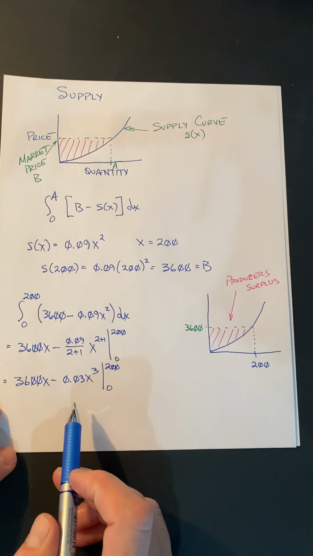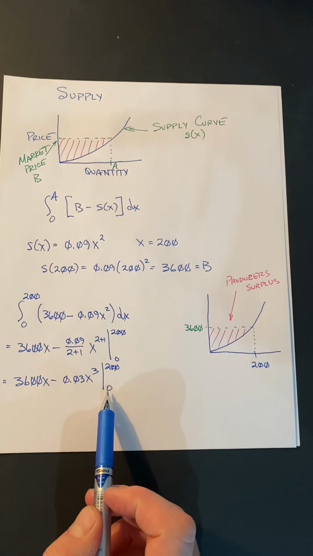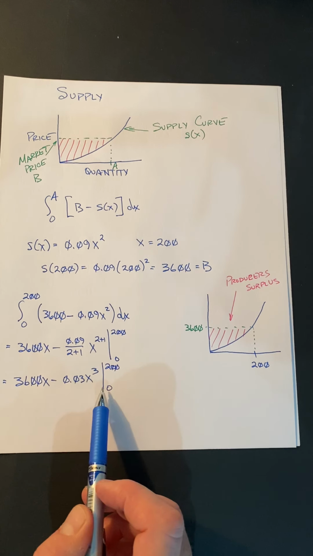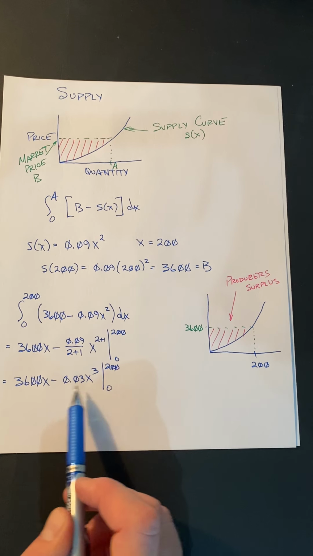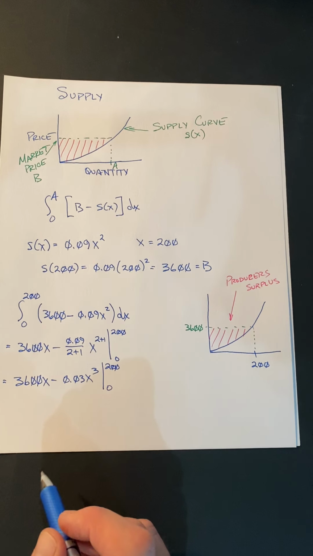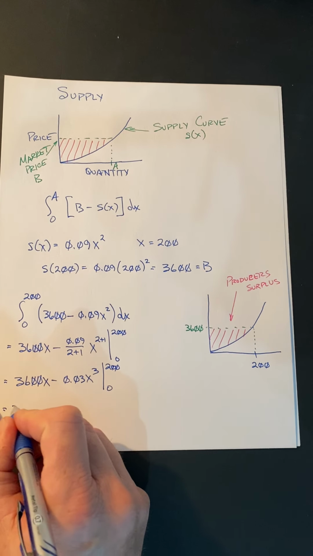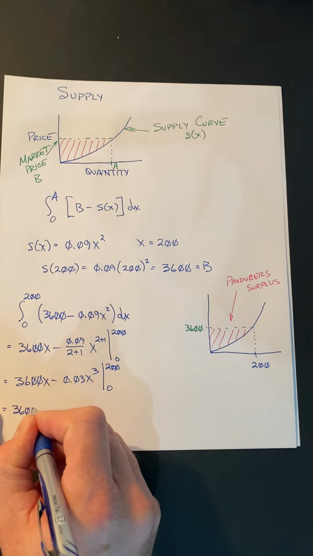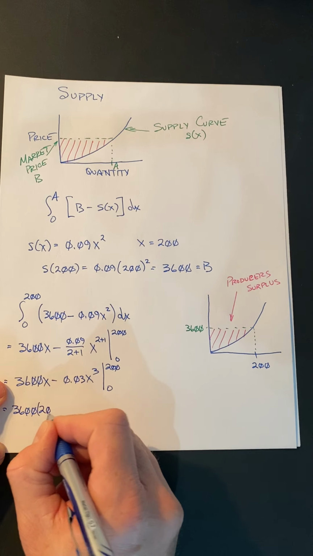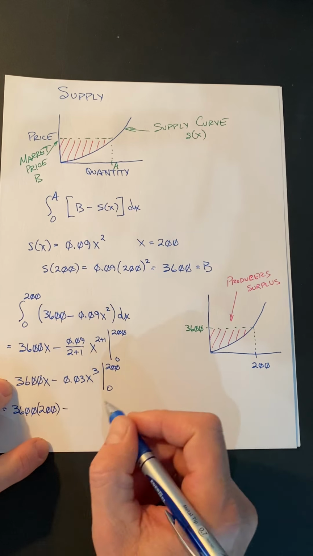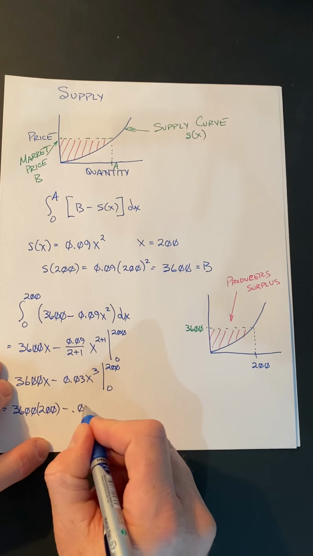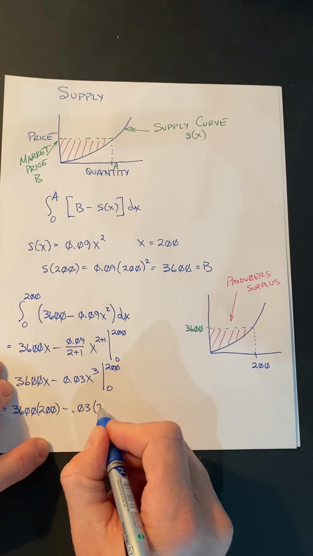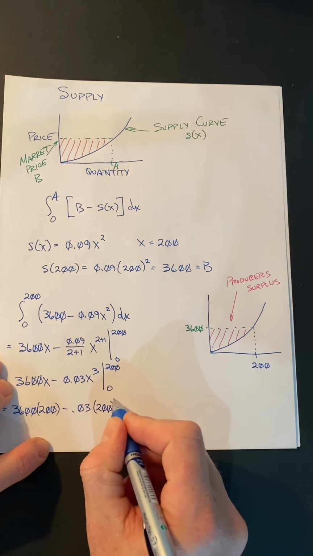So again, I have this nice situation where my lower bound is 0. So when I subtract the lower bound, I'm going to be subtracting 0, aren't I? So I'm going to say 3,600 times 200 minus 0.03 times 200 cubed.